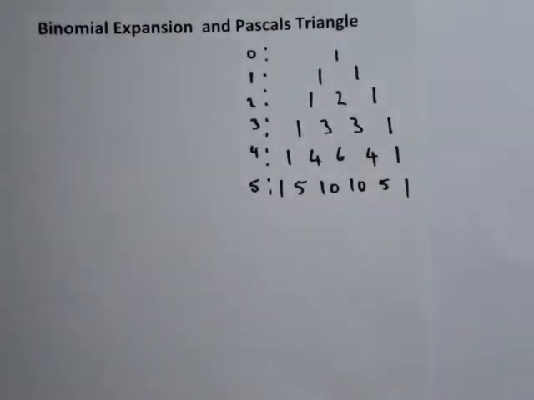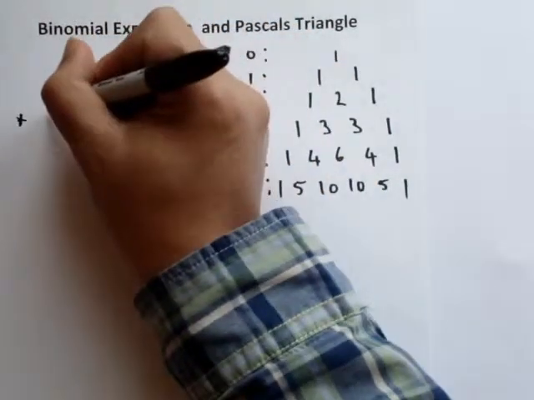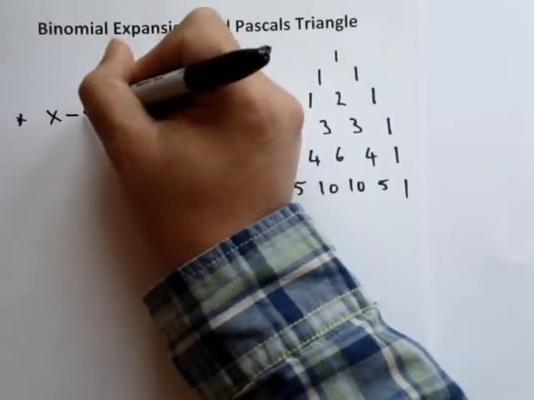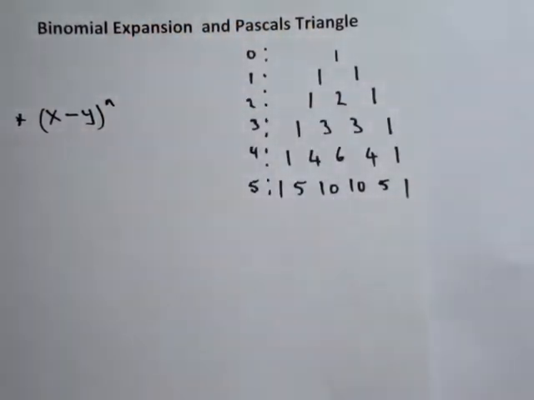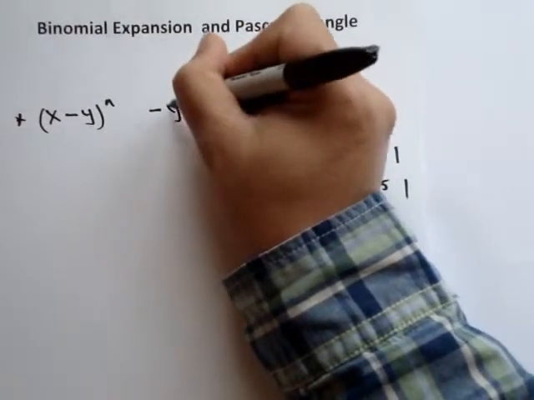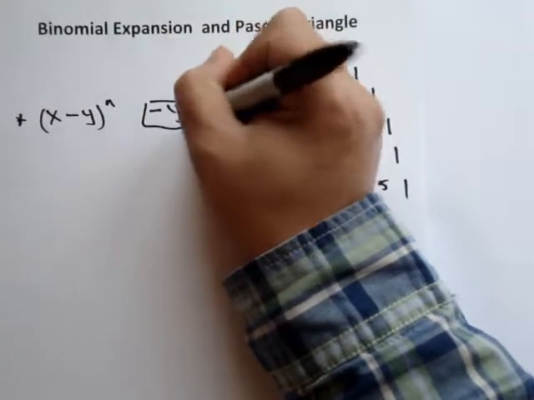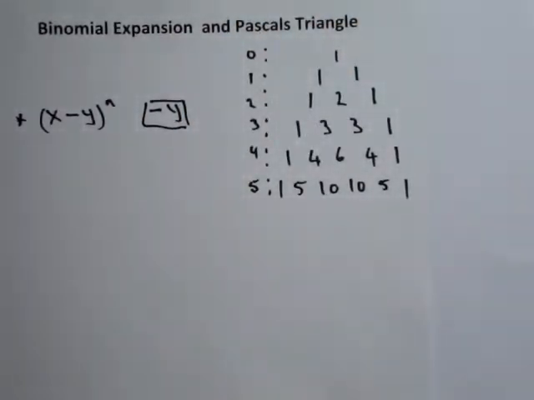When we're dealing with a minus in the binomial, we have to be very careful. So if we have x minus y to the power n, our y is minus y. Okay, and we have to carry that minus through in our calculations.